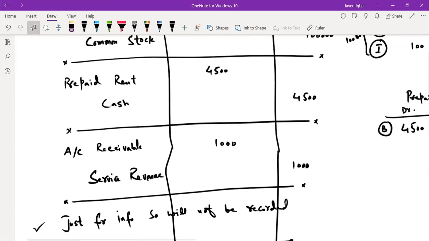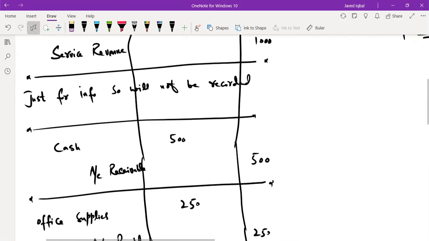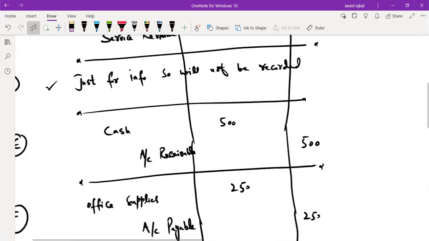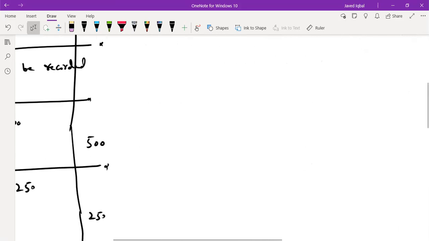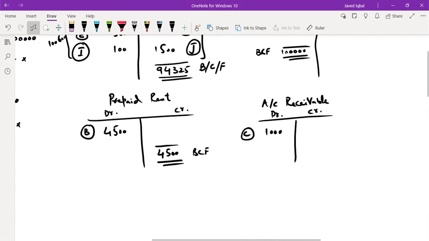Yeah, C. We received half of this accounts receivable in transaction E as well. So we need to credit that amount. 500 we received in transaction E. So now we have a balance of 500 remaining of the accounts receivable.